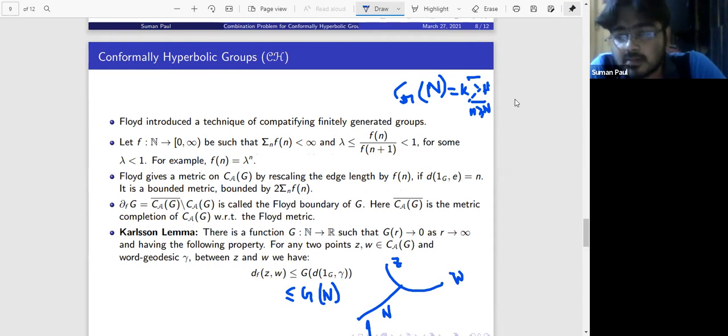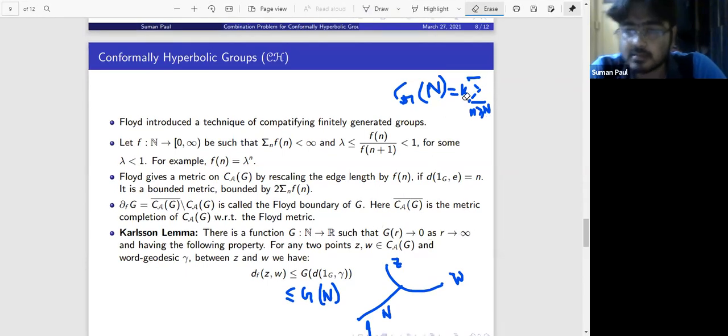I see. That's why it is going to 0 as n tends to infinity.